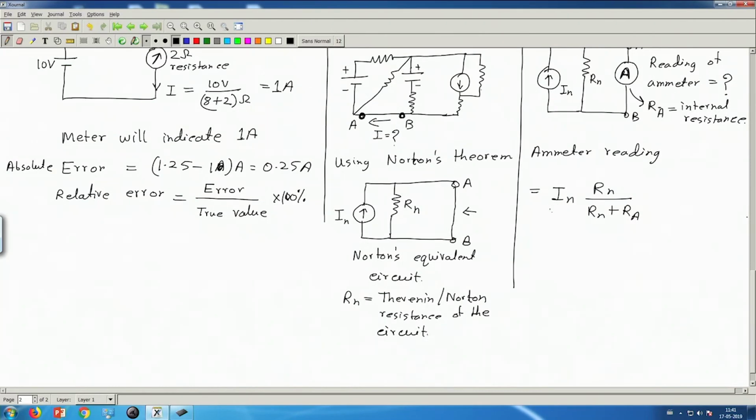Okay. And so, this will be the ammeter reading.